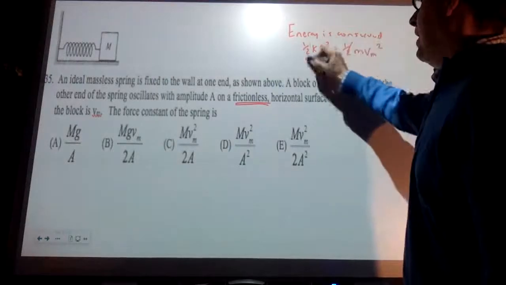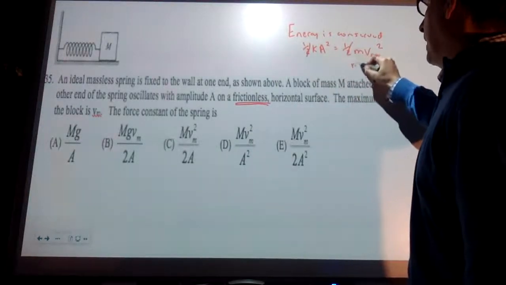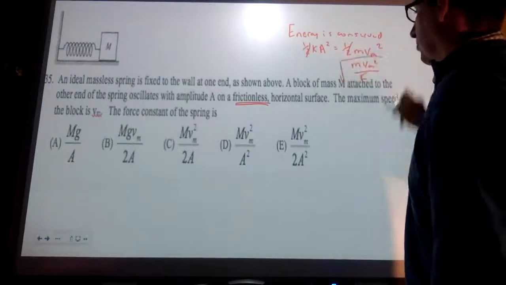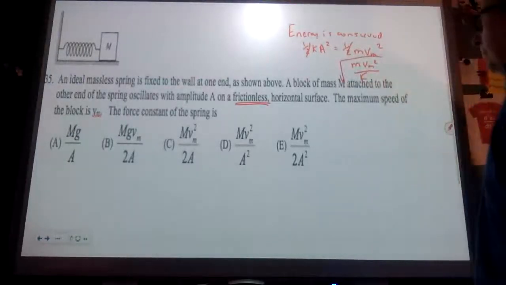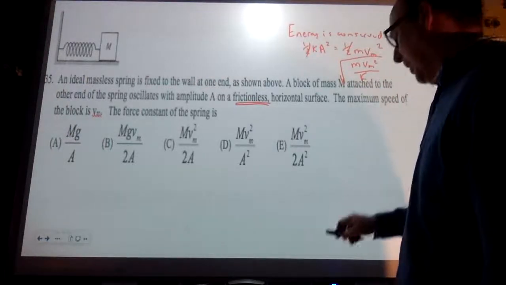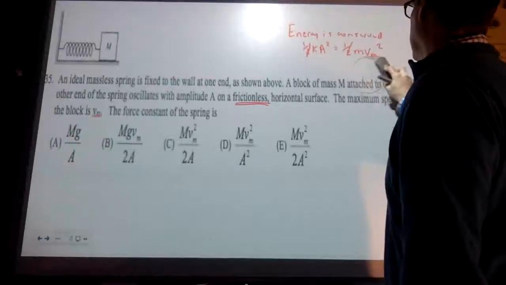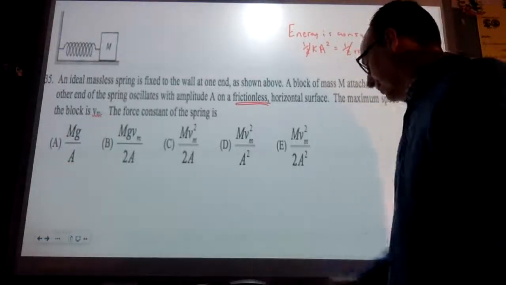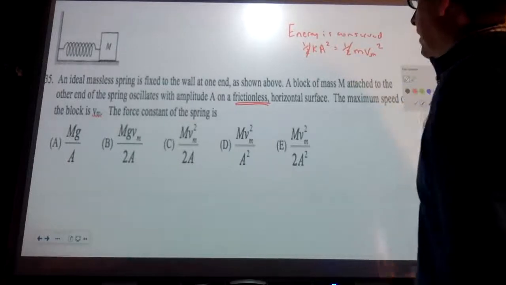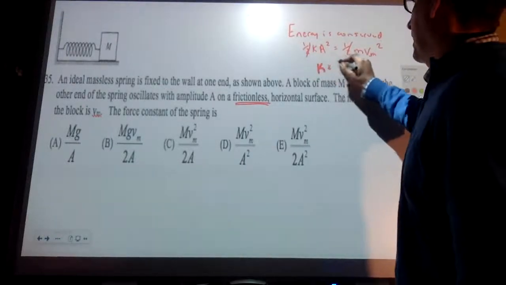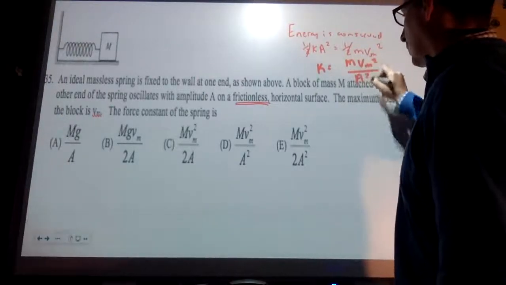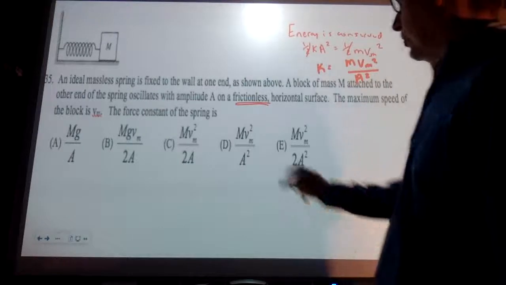I can get rid of the 1/2. We're solving for k, not for A. So I would just divide. Sorry about that, guys. So I have m Vm squared over A squared.